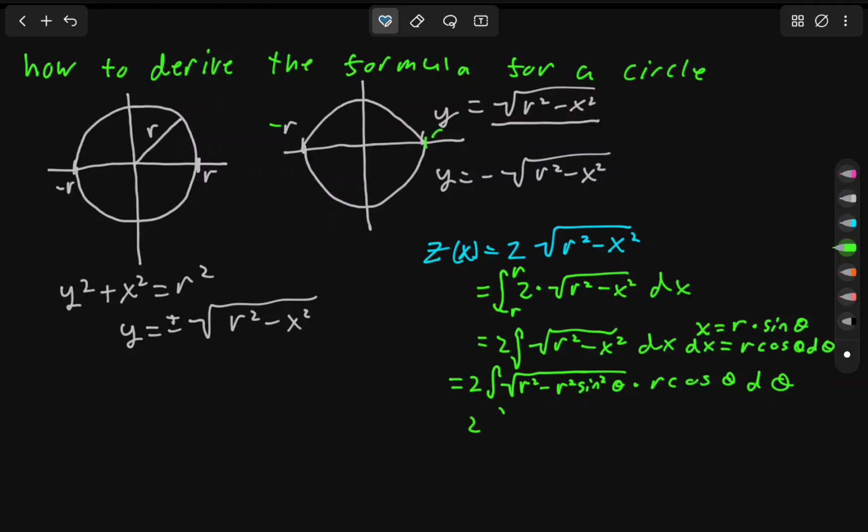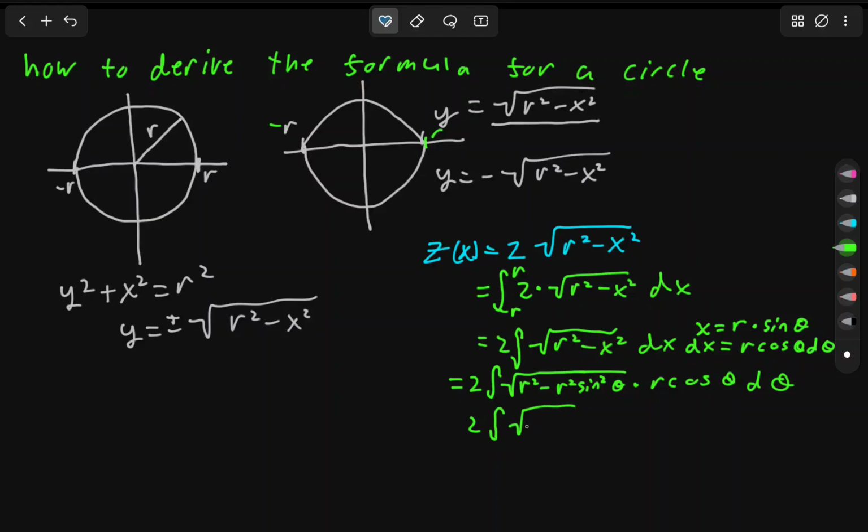Well, this is going to become 2 times the integral of, we're going to factor out an r squared, so this is going to become 1 minus sine squared. And using our Pythagorean identity, we know that's the same thing as r squared times cosine squared.